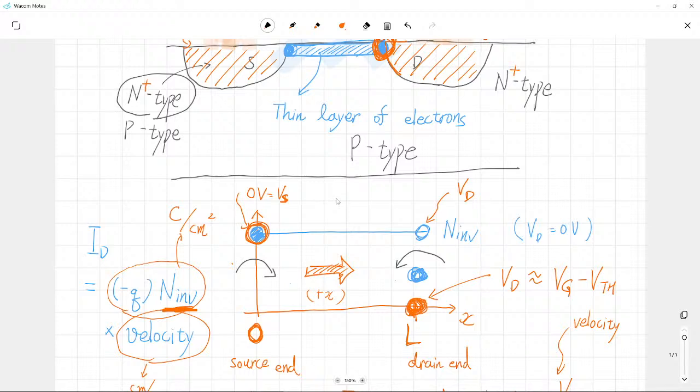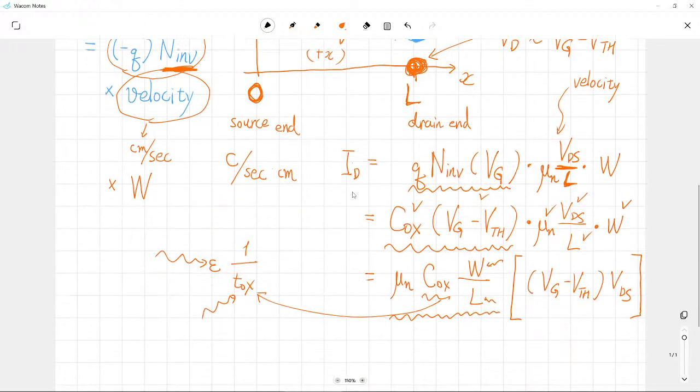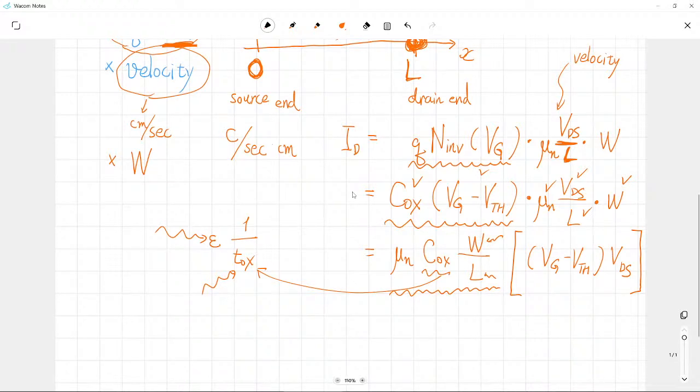So what you can expect is this expression is not perfect, and we will have a certain reduction term considering the reduction of electron charges with respect to the non-zero positive drain voltage. So we have to find that out.